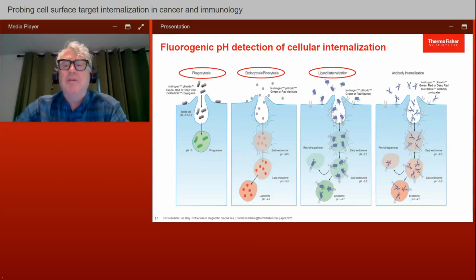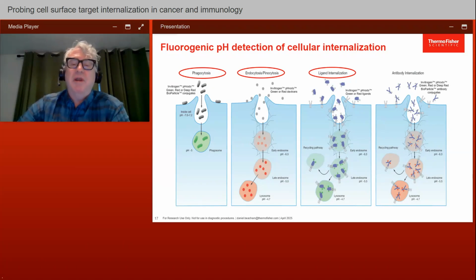And so what I'm leveraging here, as I mentioned, is the pH, the acidification of these compartments with maturation. There are several processes that people associate with internalization, at least those involving membrane pinching and formation of endosomes.